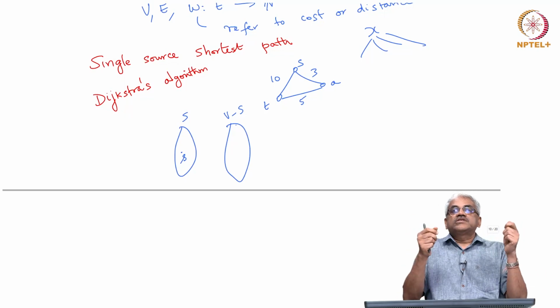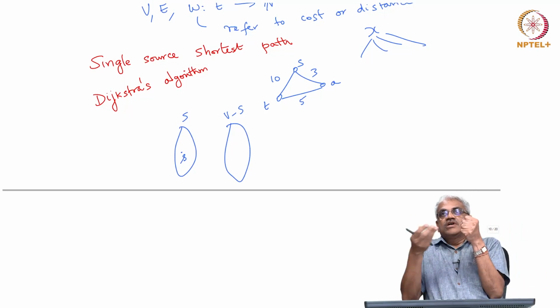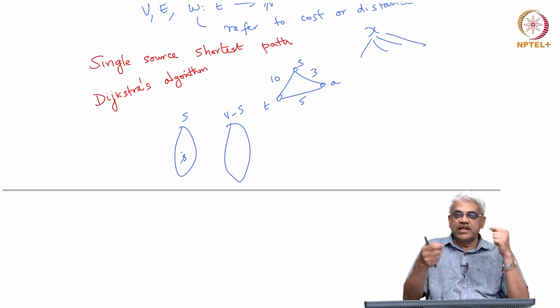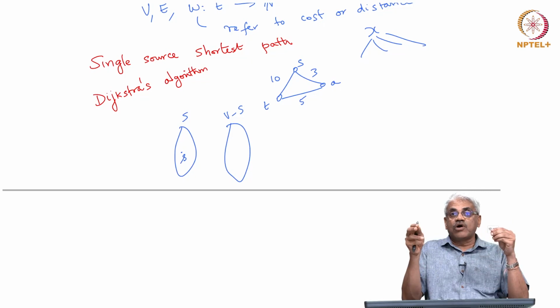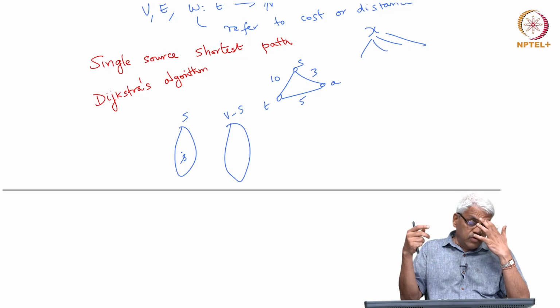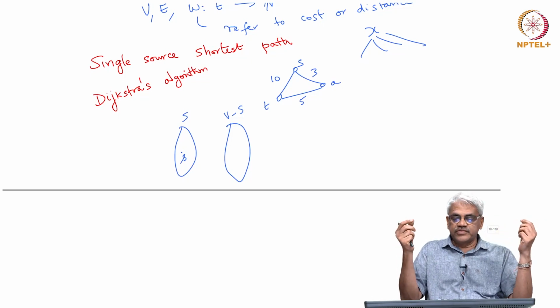What BFS does is it starts from a vertex and picks the nearest vertices from that vertex, where nearest is based on the number of edges. So it picks all the neighbors first in the case of BFS. Here we want to pick the nearest in terms of the distance.